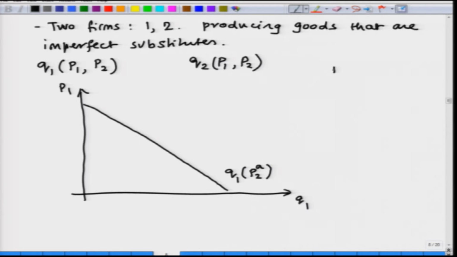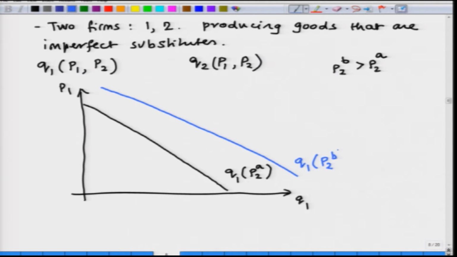Now, suppose firm 2 increases the price of its product to P2B, right. So, P2B is greater than P2A. Now, if the price of firm 2's product is now increased, and the goods are substitutes, then I would have consumers who are moving towards consuming firm 1's product. So, I would expect the demand for firm 1's product to increase, and let us say the new demand for firm 1's product is Q1 at P2B, right.